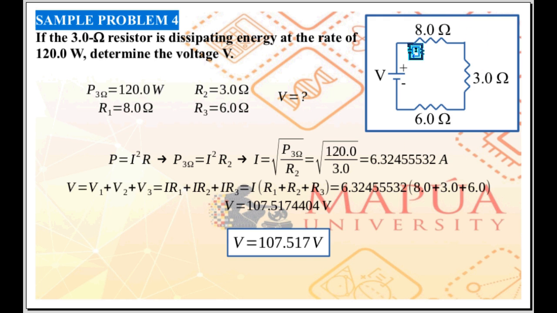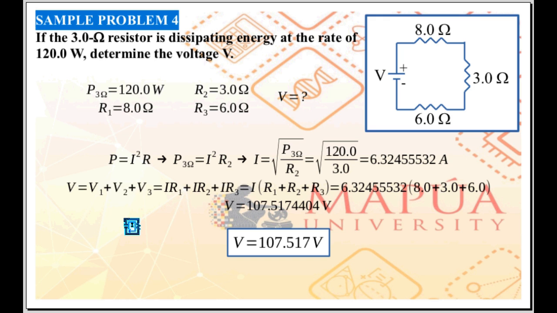Now, the resistors in series are connected in parallel to a voltage V. Thus, the total voltage of the resistors in series is voltage V. So, V is equal to V1 plus V2 plus V3.